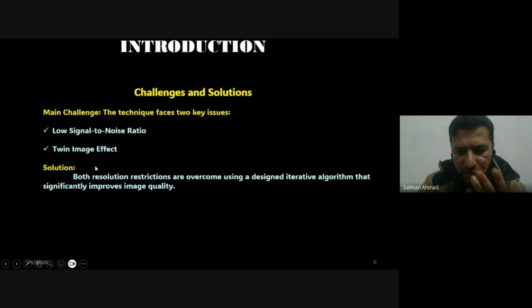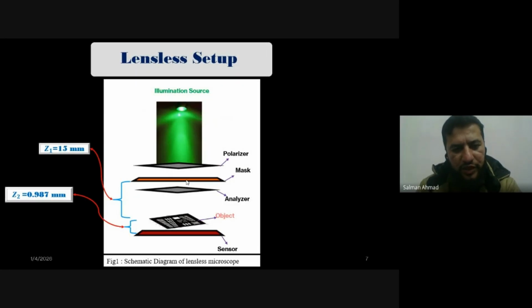Both resolution and the algorithm for phase reconstruction have been used, and we attained improved, better images as compared to the normal light microscope.